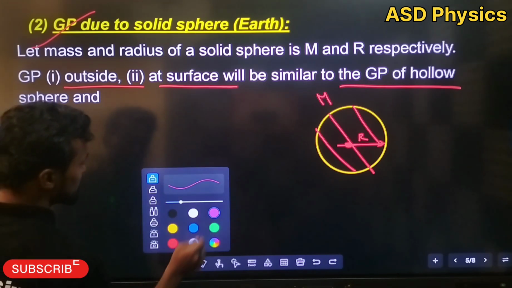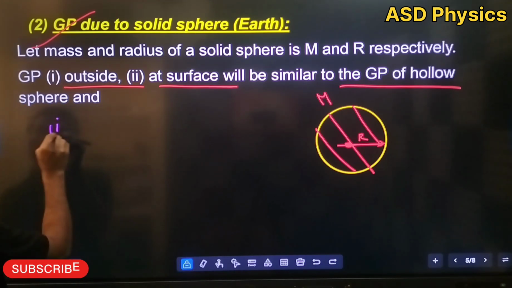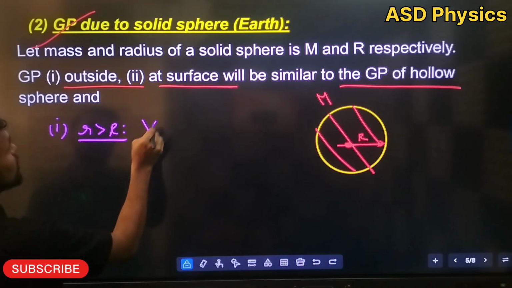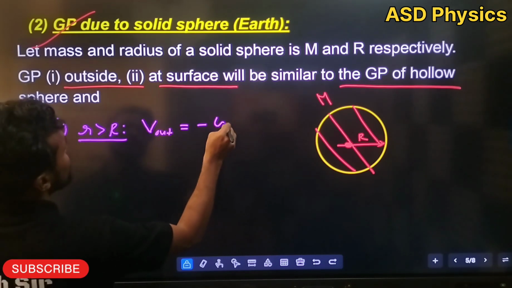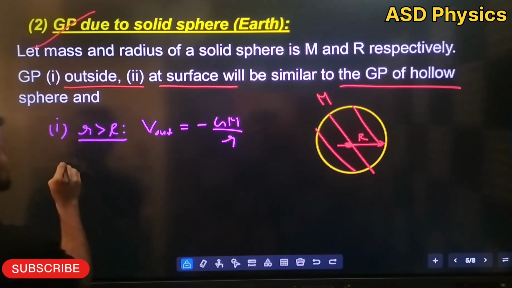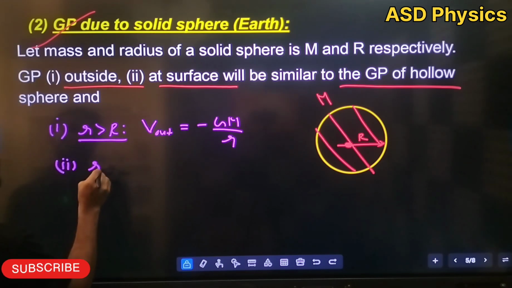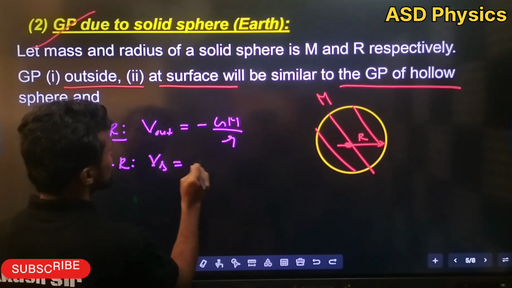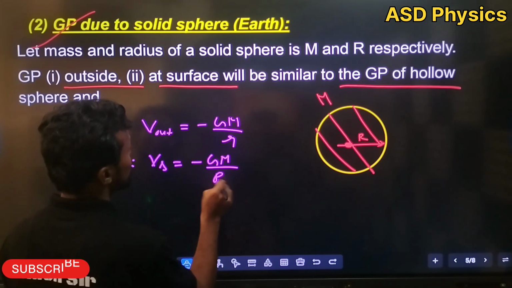So first, outside, what was the formula? V out equals minus GM by r. Similarly on the surface, what was the formula? Surface means just outside, so it was Vs equal to minus GM by capital R.